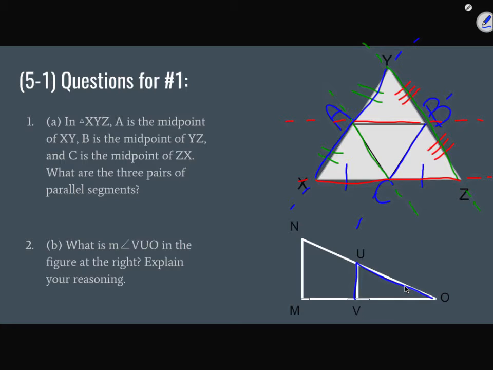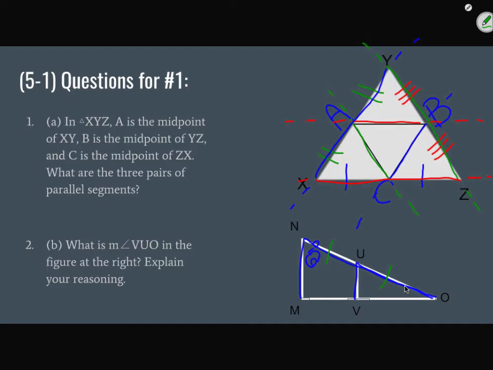So we are given that the measure of MNO is 65 degrees. So with that, we have U as the midpoint of NO. So NU is congruent to OU.